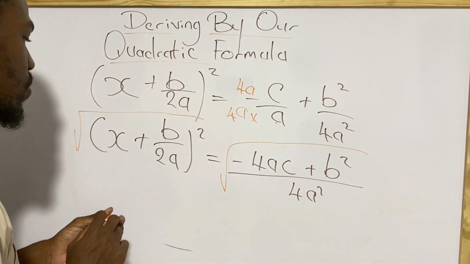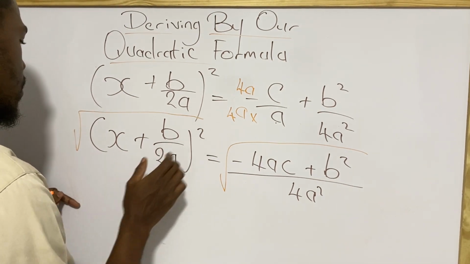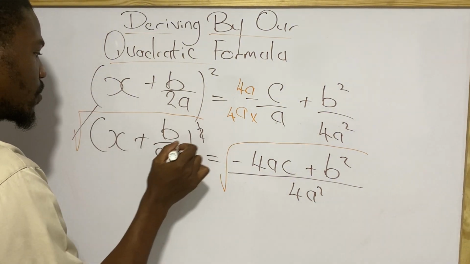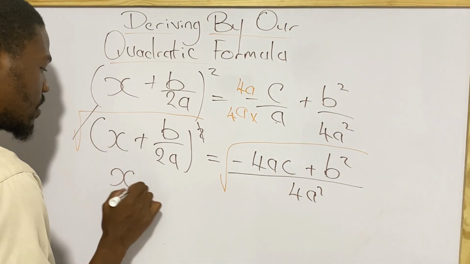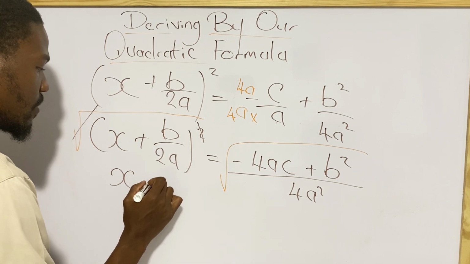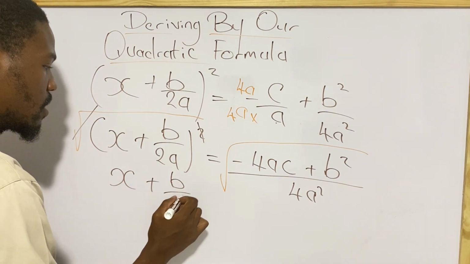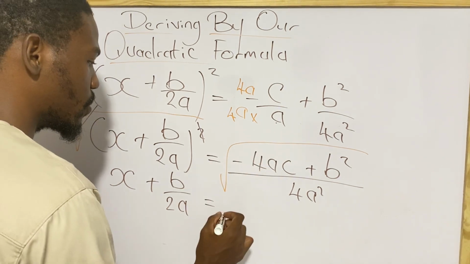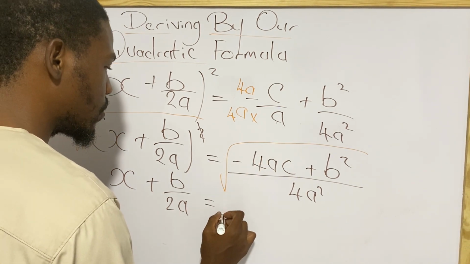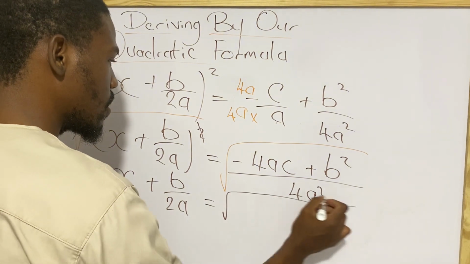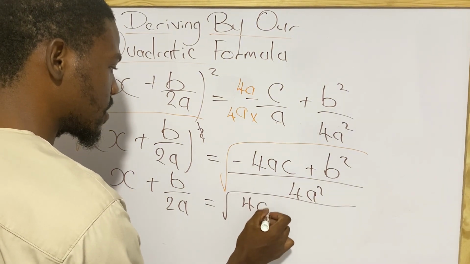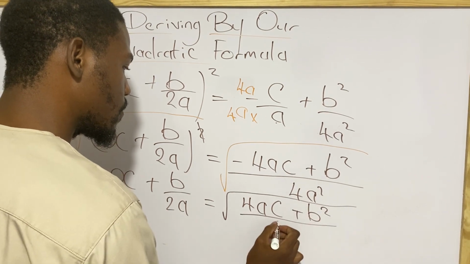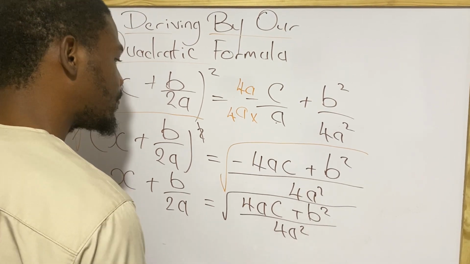So we have to find the square root of both sides to remove the square, because the square root is going to remove that square. So we're going to be left with x plus b over 2a equals the square root of 4ac plus b squared over 4a squared.